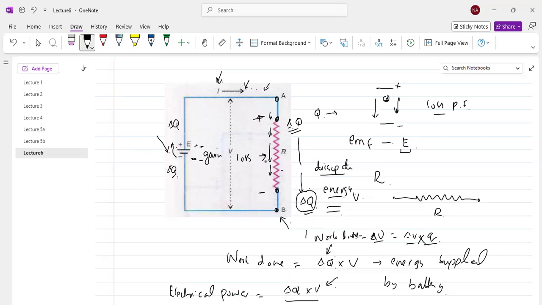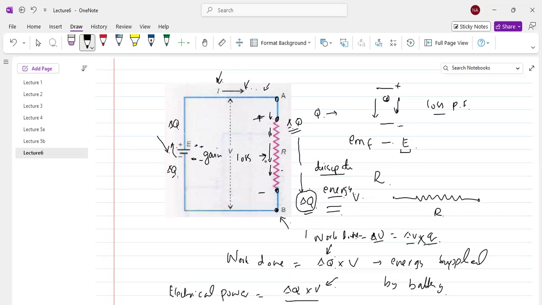Due to this resistance or opposition, if a charge has to move through the resistor, it has to work against this opposing force. As a result, it will lose energy in doing work against this.